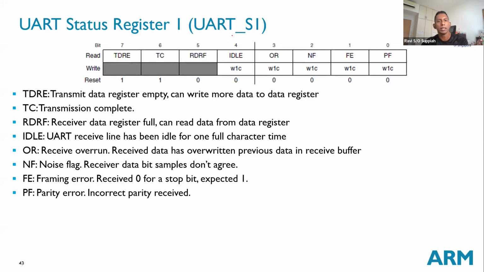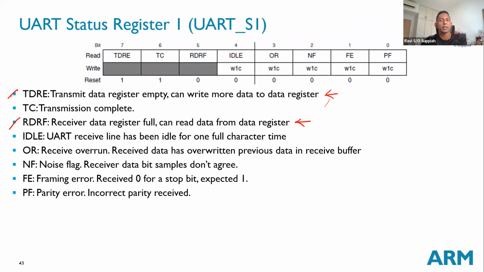For the status register, the flags that you want to read are the transmit data register empty and receive data register full. Of course, if you are doing the polling approach, then you manually read them. If you're using interrupts, then the interrupt will automatically trigger when the event occurs.